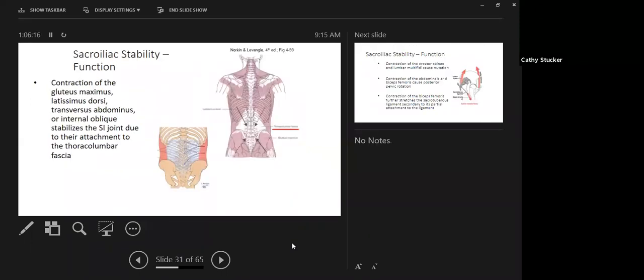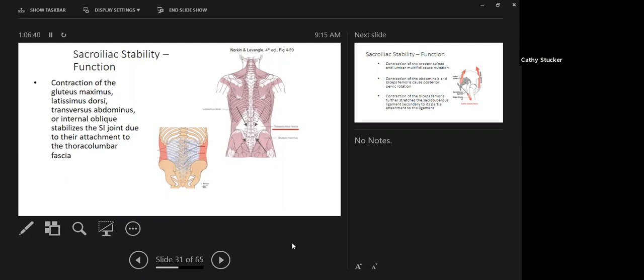Another feature is the thoracolumbar fascia. This is more dynamic support for the whole SI pelvic system. The thoracolumbar fascia is integrated into your lats, your glutes, and your abdominals.